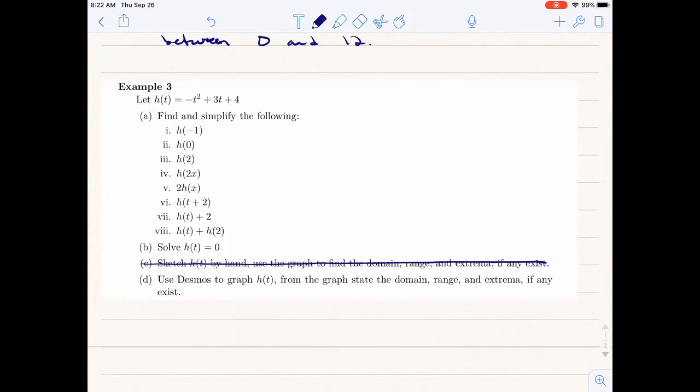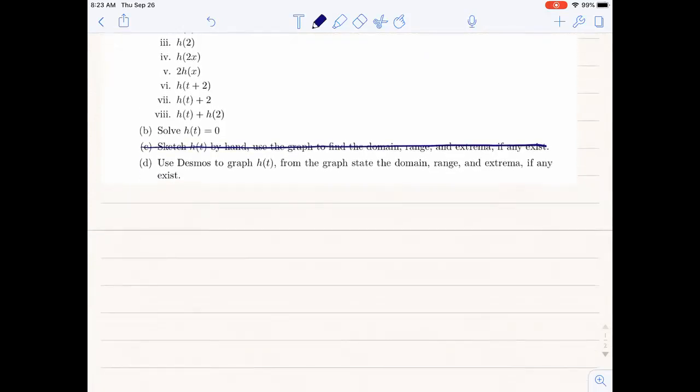They're just variables. Okay? So we're gonna start off easy and find things like h of -1, h of 0, h of 2, and then we move into things like h of 2x. And so the thing that you need to keep in mind is that wherever you see a t, you're gonna replace it with whatever's inside the brackets.